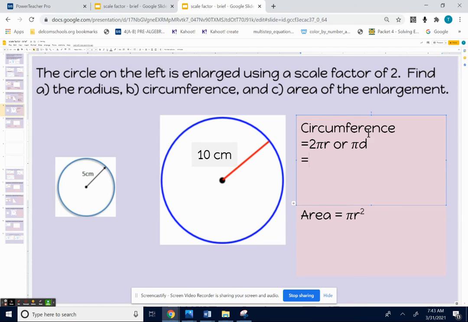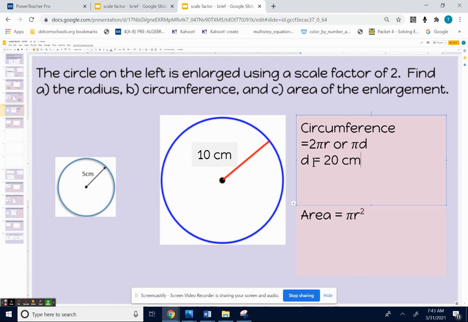Now I was trying to encourage you guys to use pi times diameter for circumference instead of 2 times pi times r, but you could do it whichever way you want. So I'm going to use pi times diameter. I should go ahead and make a note that my diameter is 20.